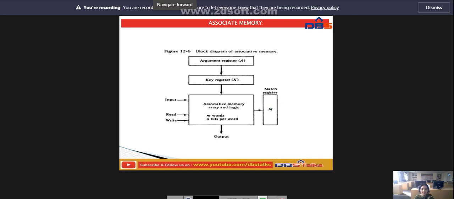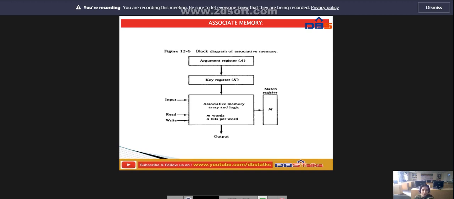Next, coming to associative memory. So what is meant by associative memory? The time required to find an item stored in memory can be reduced. Consider if stored data can be identified for access by the content of the data itself rather than by an address.